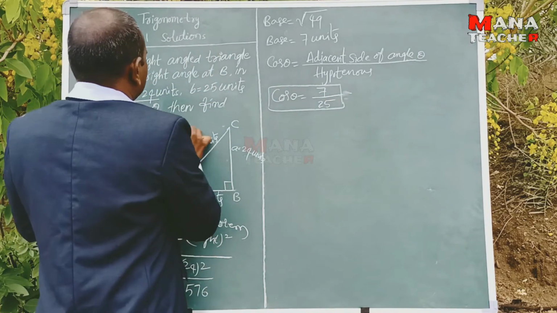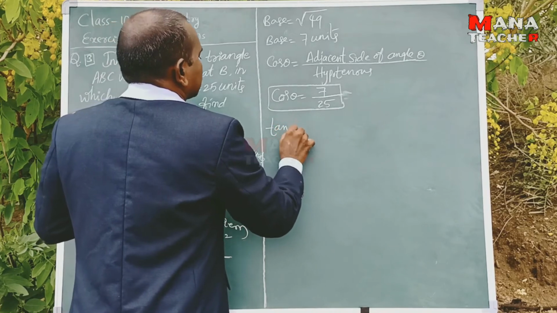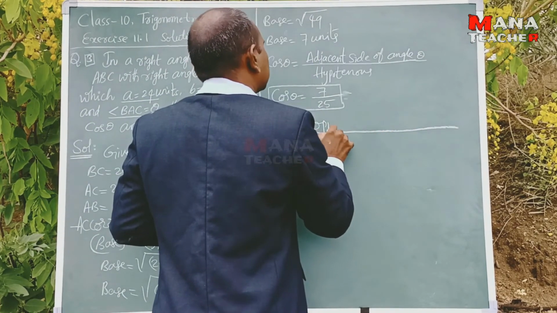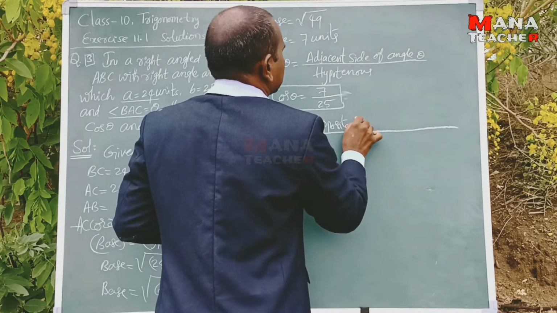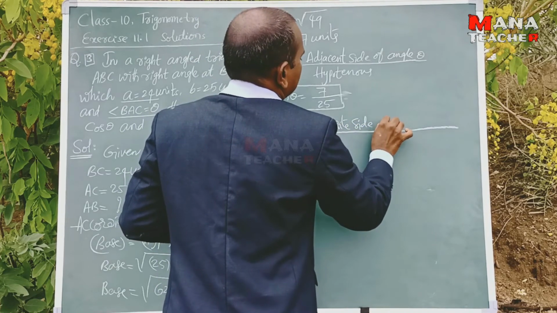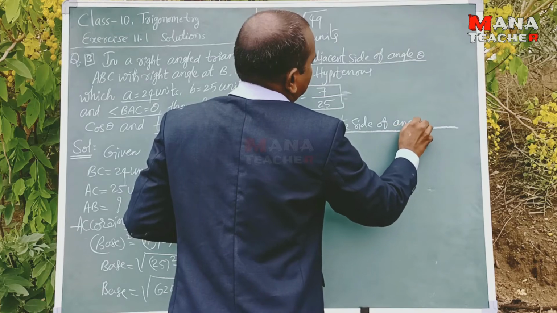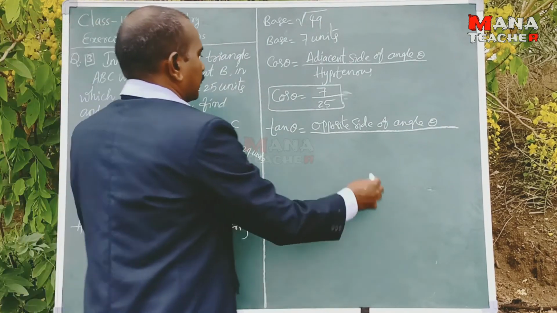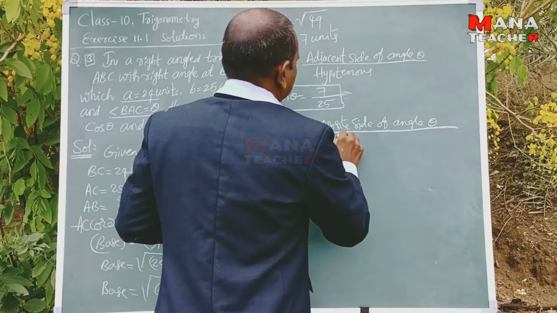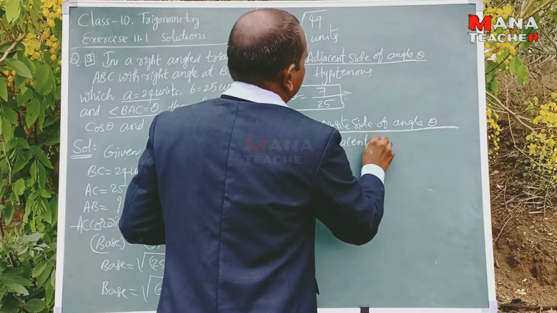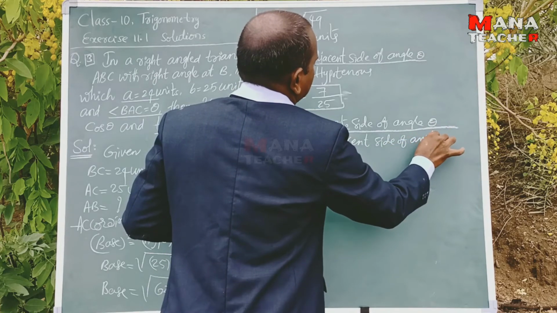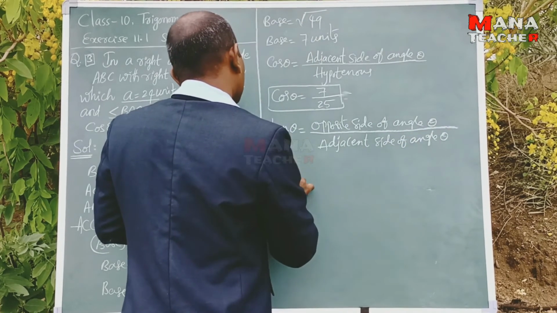Next, tan theta equals opposite side of angle theta by adjacent side of angle theta.